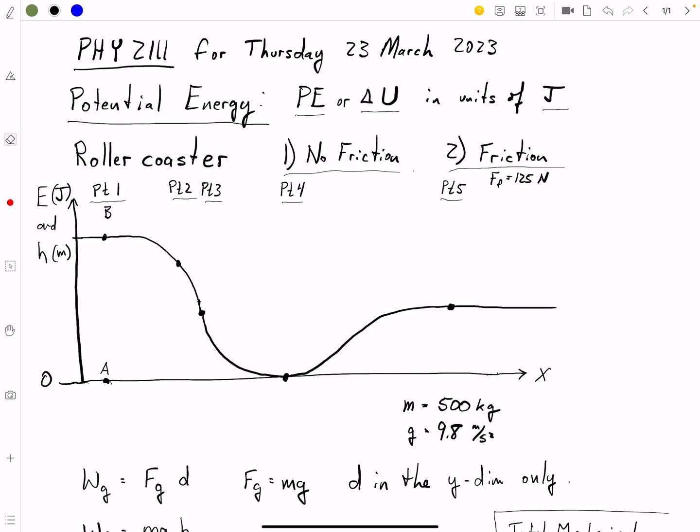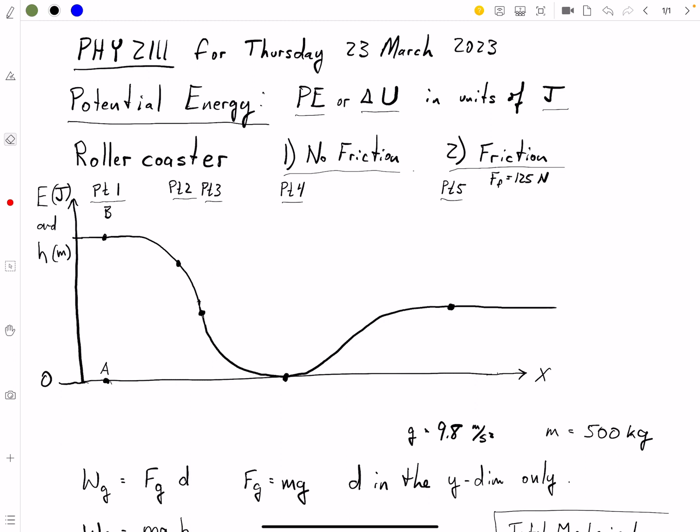I just wrote down the mass of the cart. I wanted to get it out of the way of that point 5. So you're in a cart.